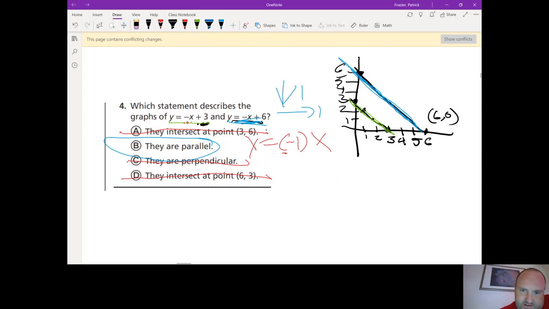And then the other thing is this point here, 6 and 3 on D. Well, where x equals 6, y equals 0 over here. This one we didn't plot there, but it's obviously not the same thing. And then 3 and 6 on A, well, when x equals 3, y equals 0 for the green line, y equals -x plus 3.